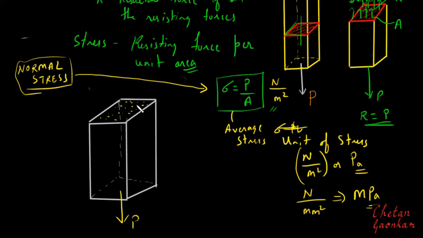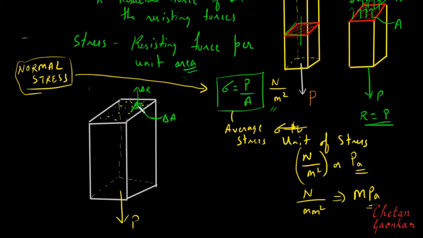And if I take one typical small area, all right, and say the resisting force on this small area is, suppose, delta r, and this small area I will consider to be delta a.